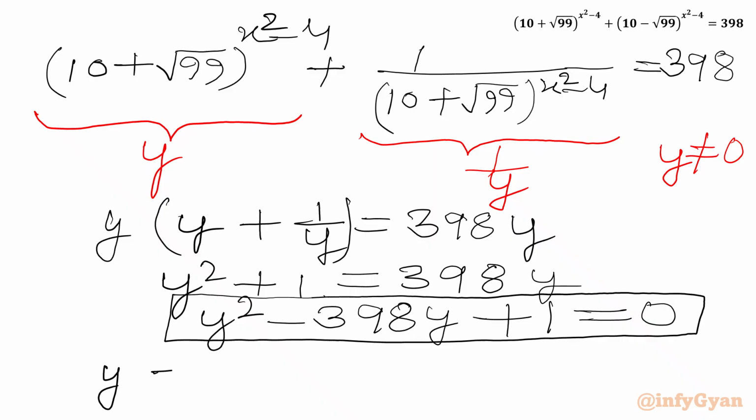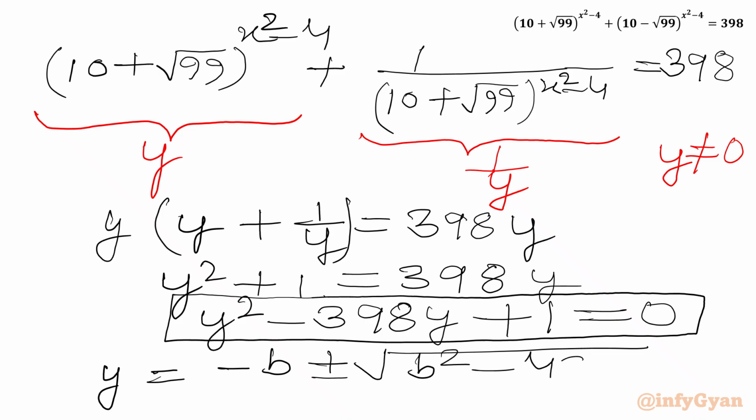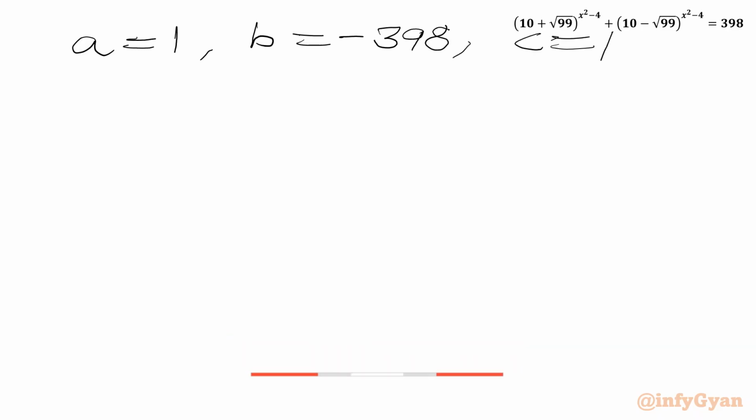So let me write the formula once: minus b plus minus square root of b square minus 4ac over 2 times a. Now if I write the values of a, b, c as per our quadratic equation with the standard one, then a is 1, c is 1 and b is minus 398. So I will write here a equal to 1, b equal to minus 398, c equal to 1.